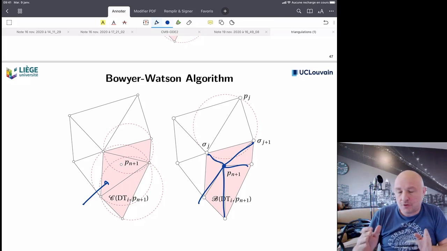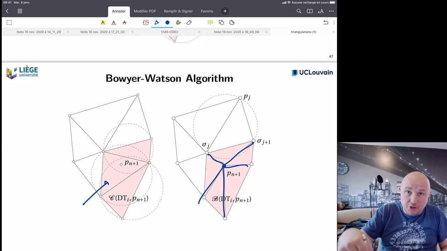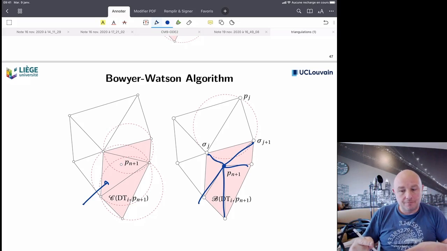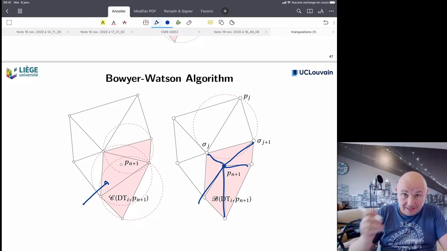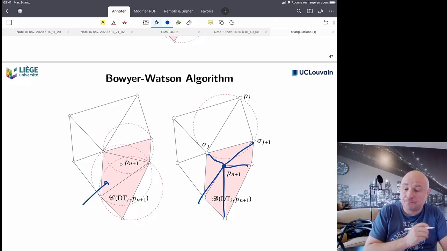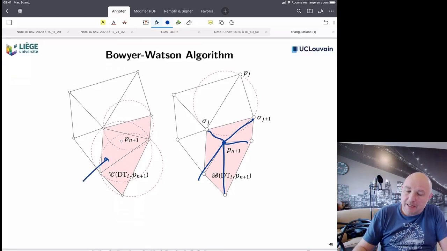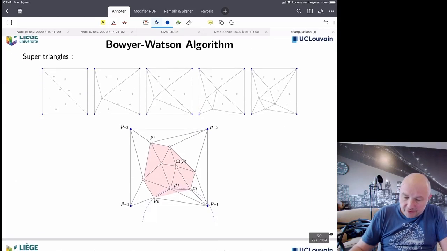It will produce a valid triangulation of the Delaunay cavity, and it's Delaunay. So the algorithm works like that. Start with an initial triangulation, and then add the points one by one. Okay? That's amazingly simple. Is it that simple? So that's how it works.